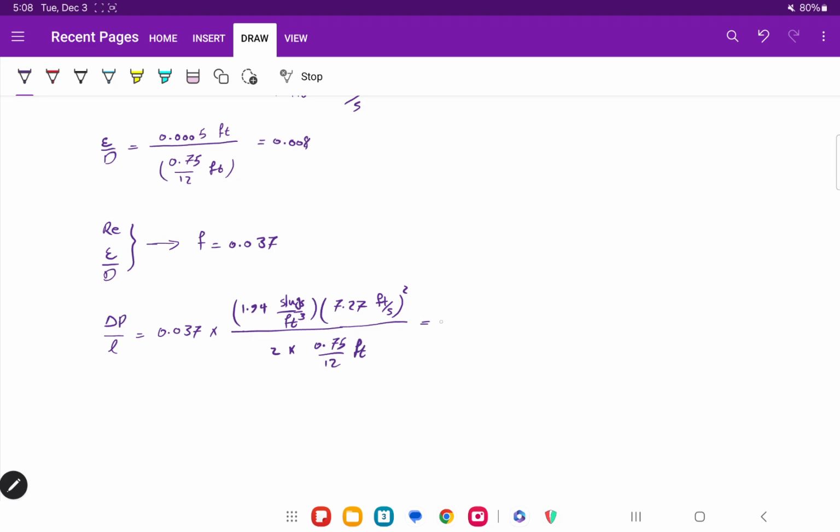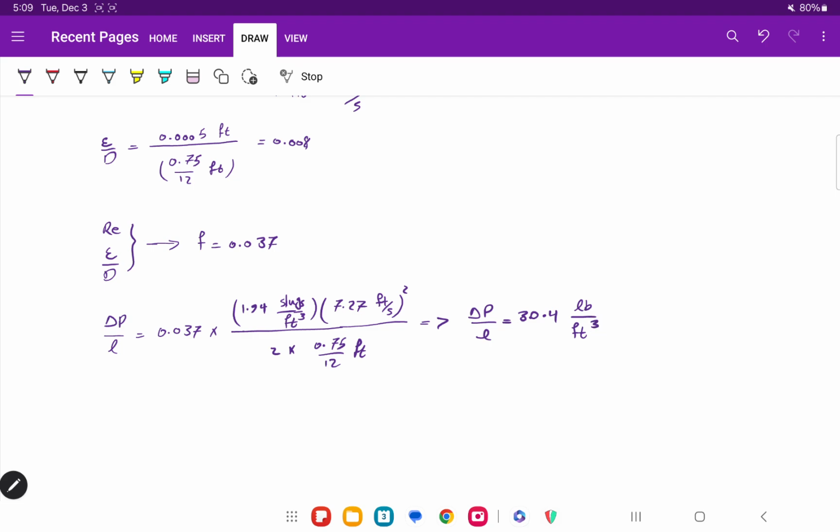So delta P over L equals 330.4 pounds per cubic feet.